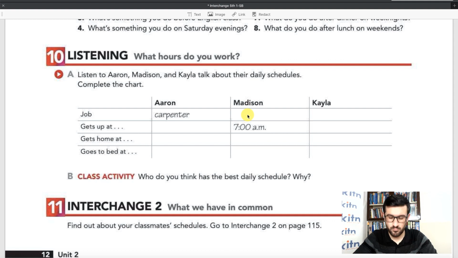And what do you do, Madison? Well, I'm an accountant. It's a regular 9-to-5 office job, so I get up at 7 a.m. and get home around 6 p.m. That's okay, though, because I like to go out at night. I go to bed around midnight on weekdays. What about you, Kayla? Well, my hours are a bit different.